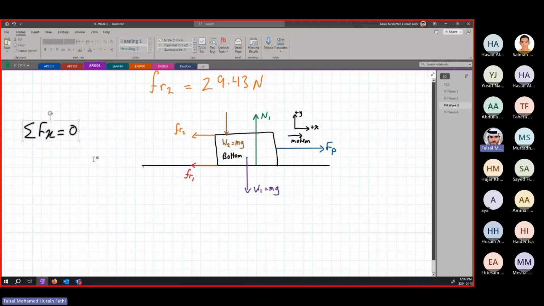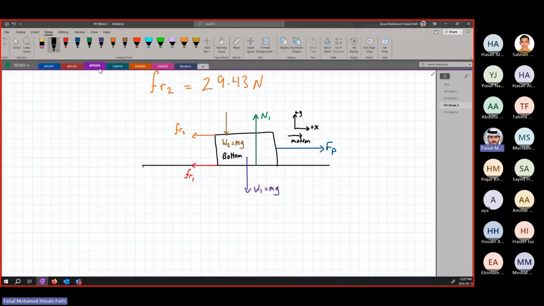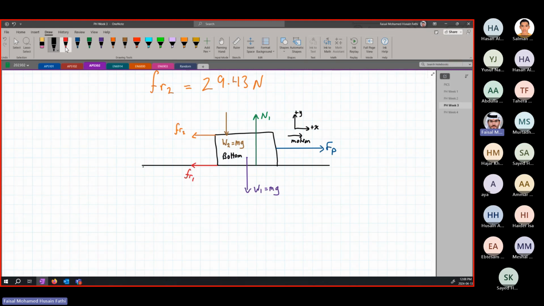It's not actually sigma Fx equals 0 because there will be motion, but because we're talking about the minimum force, it is basically just as it's about to move. So when we say sigma Fx equals 0, what we mean is the friction forces on the left have to be equal to the FP.